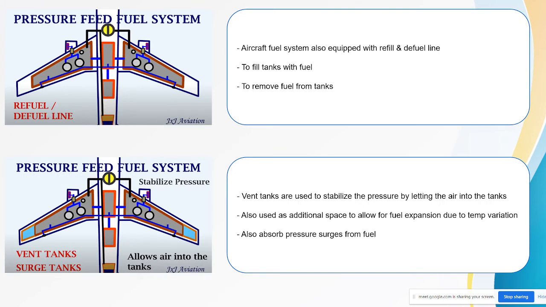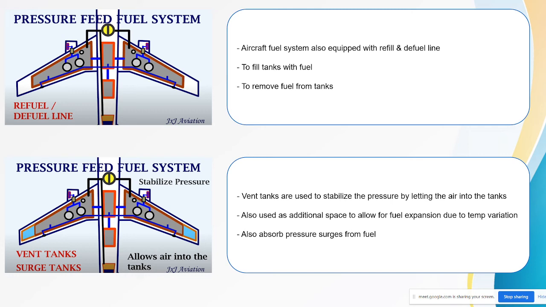Okay, so next, the refuel and defuel line. Basically this line is used to fill the tanks with fuel and also to remove fuel from the tanks. Next are the vent tanks and surge tanks. This is also part of the fuel tanks, but usually vent tanks are not filled with any fuel.